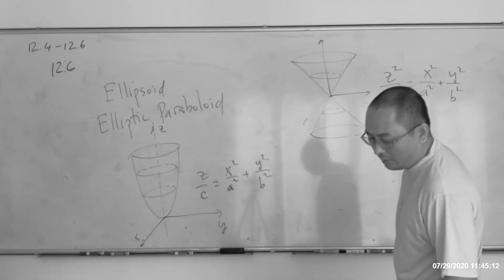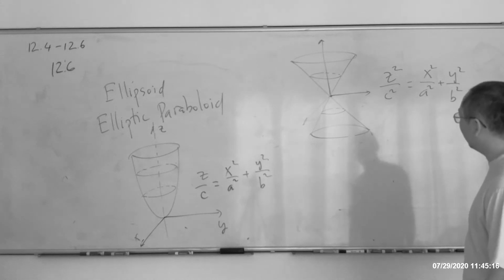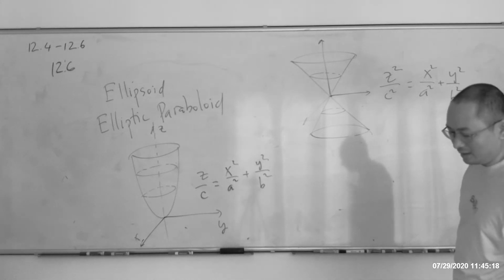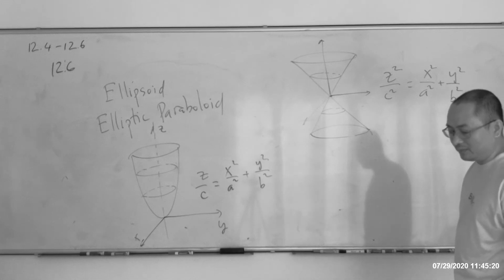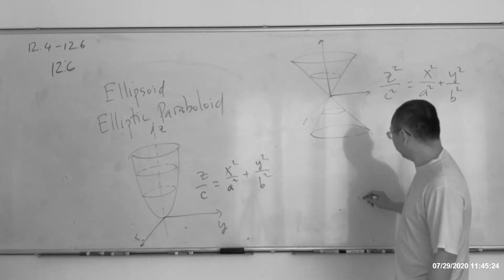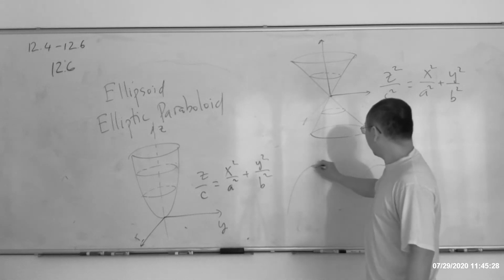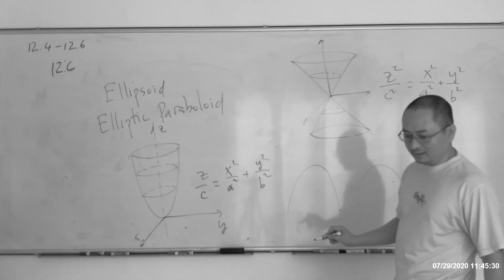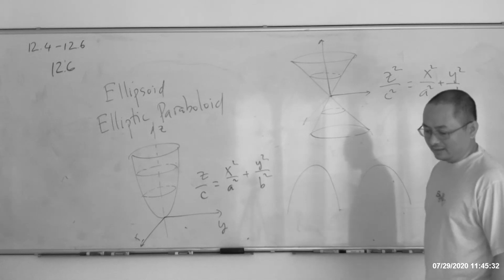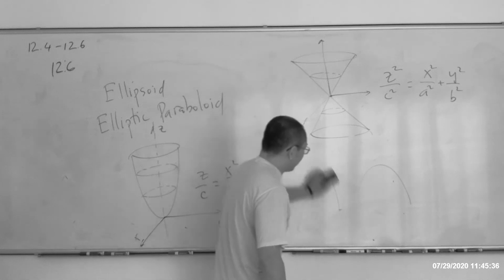Another one, hyperbolic paraboloid. It's like a horse saddle, so I don't know how to draw it. Let's see how to draw this one. I have a parabola. I have a parabola. The book draws much better than me.